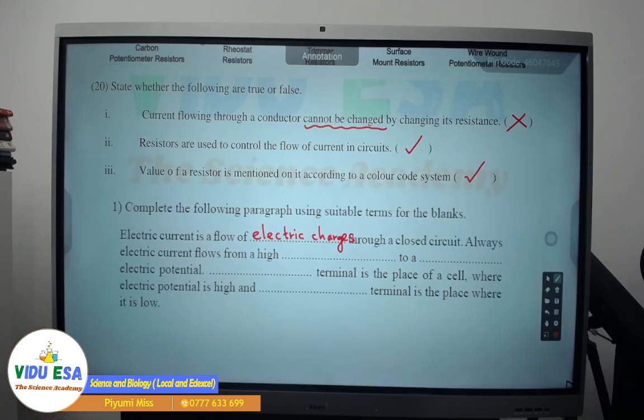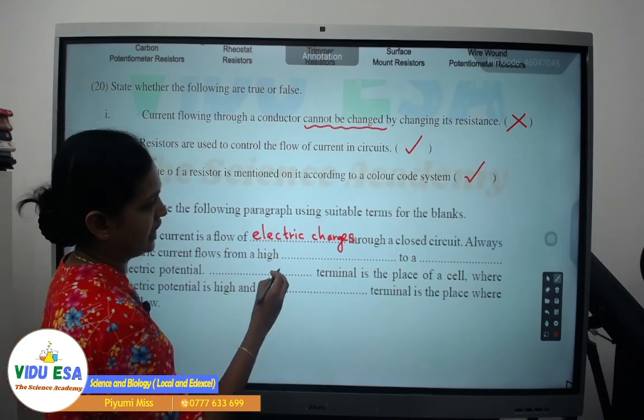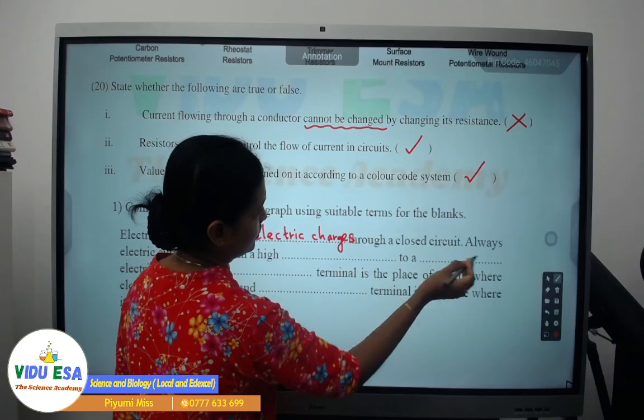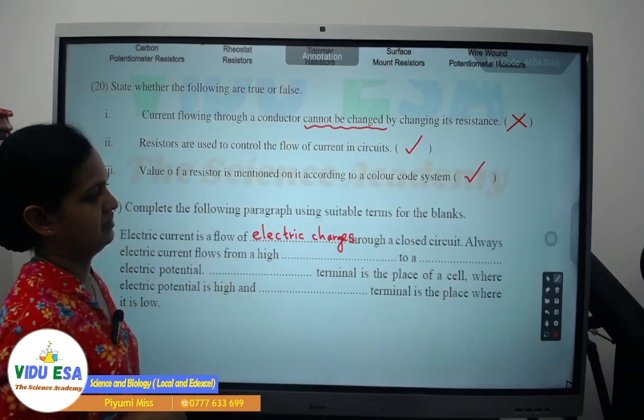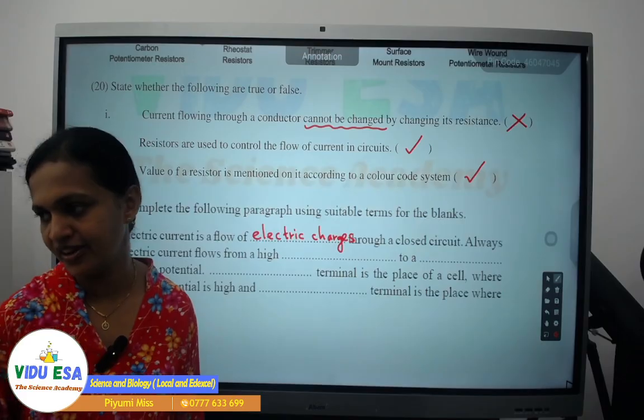Then next one goes to Sadesi. Always electric current flows from a high blank to a low blank.